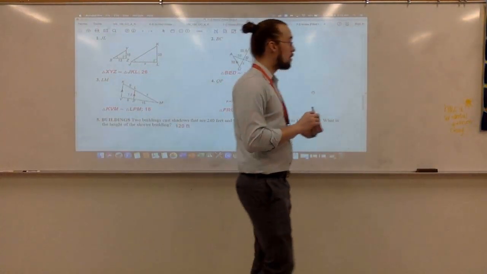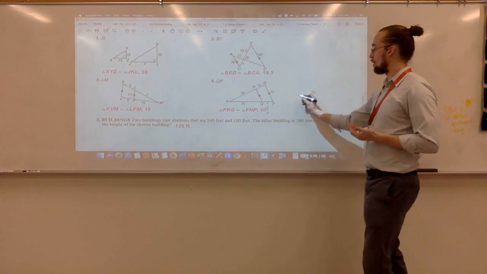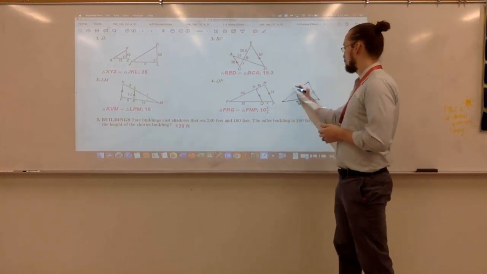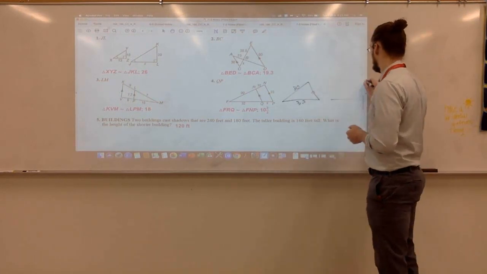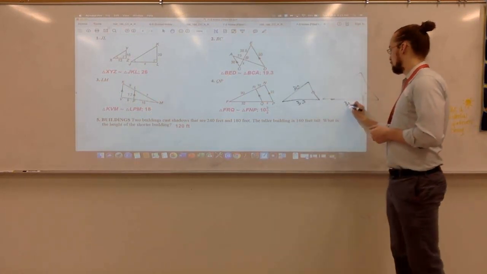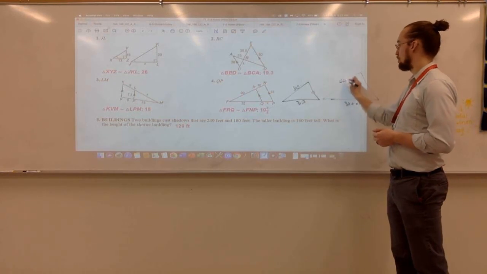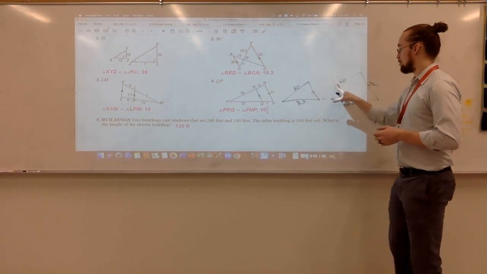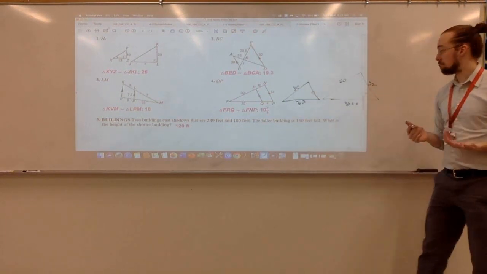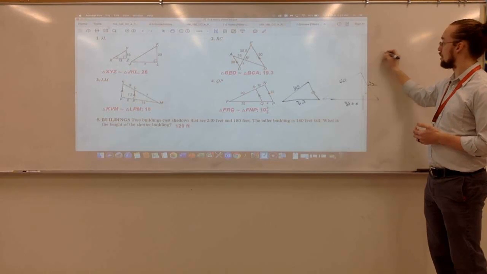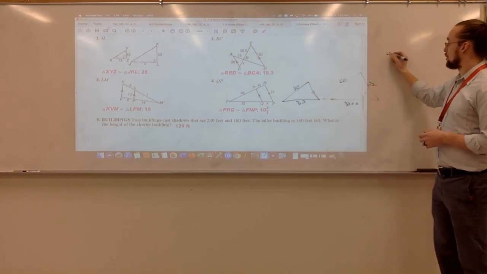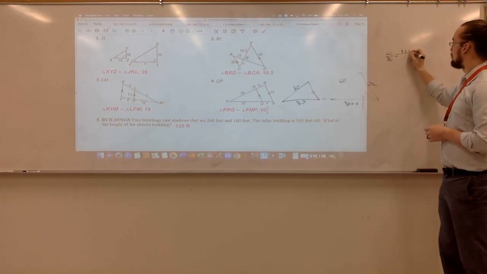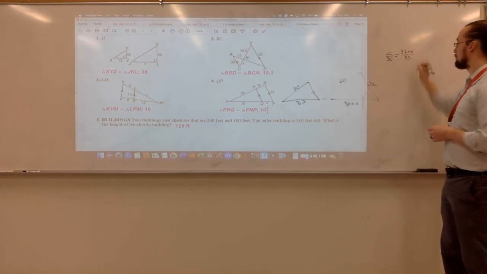So, we already drew our separate triangles to show that we've got 32, 30, and 32 plus x, 40, and 22. So, we can use these two sides to set up a proportion. So I can say 40 over 30 equals 32 plus x over 32.